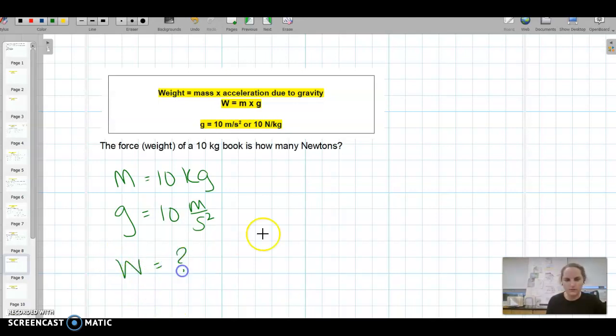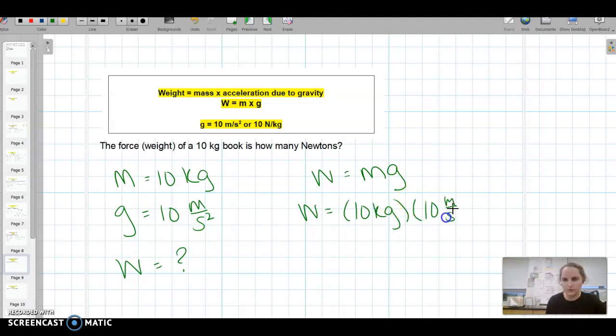The weight. So what is our equation that we need to use in order to solve for weight? W equals mg. Sweet, now we just have to plug in our information. So W is equal to 10 kilograms times 10 meters per second squared. And we get that the weight of this 10-kilogram book is 100. And what are the units here? Newtons.